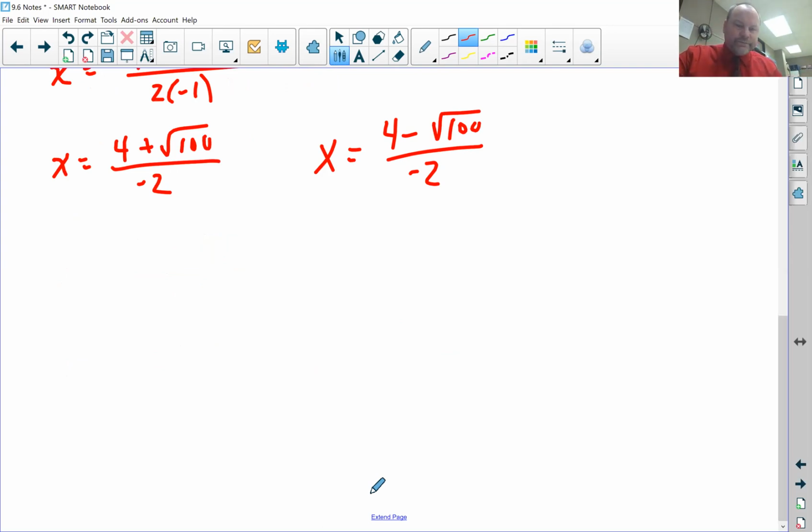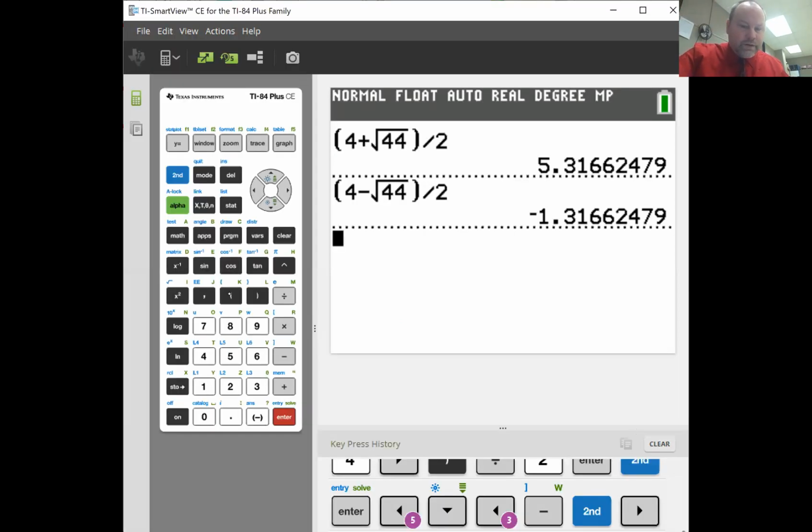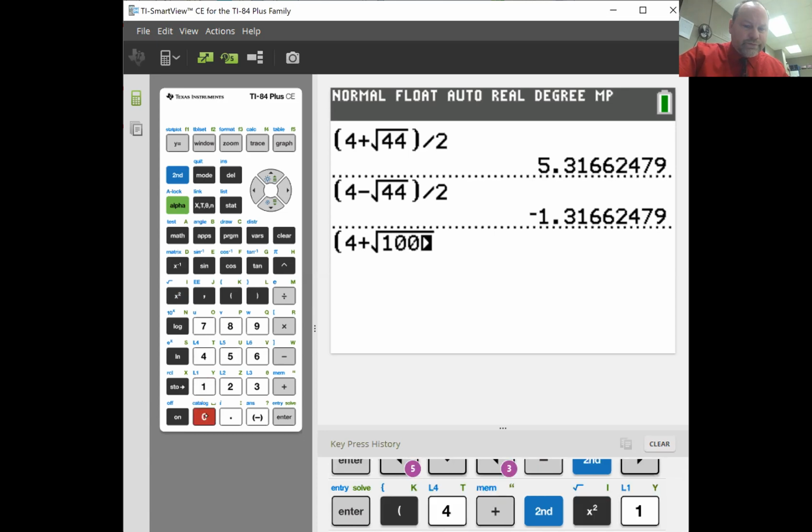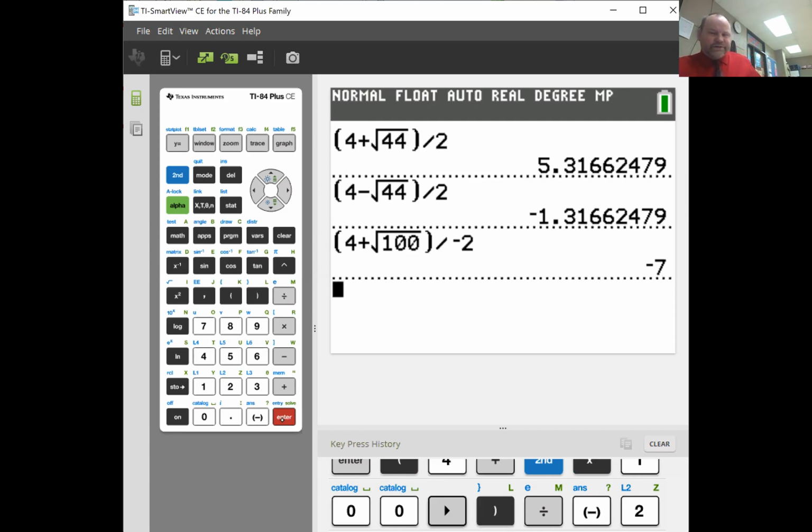Again, calculating. 4 plus the square root of 100 in the parentheses. Parentheses are important, otherwise what happens if we didn't do the parentheses, our calculator would take the square root of 100, divide by 2, and then add 4, and that's not what we want.